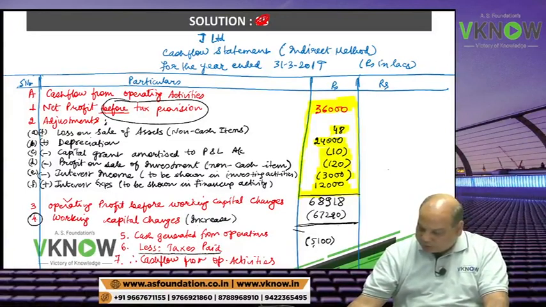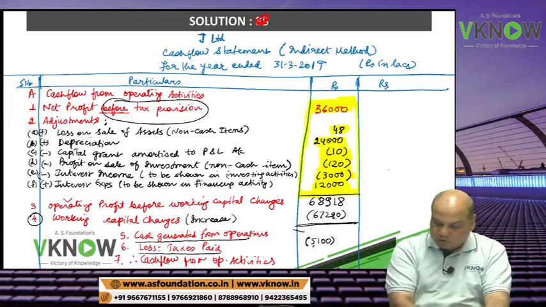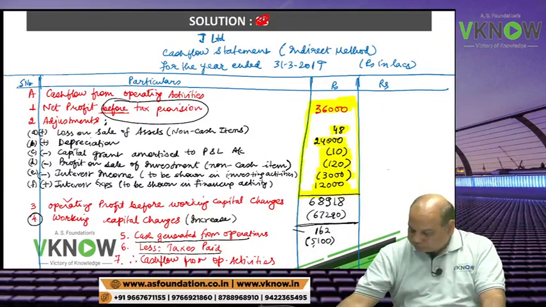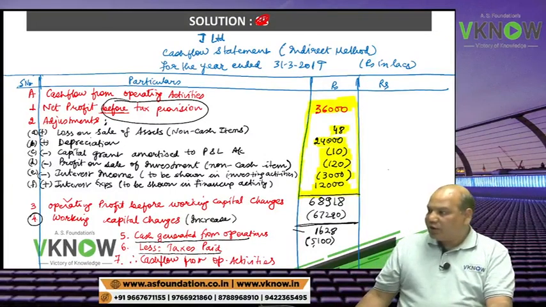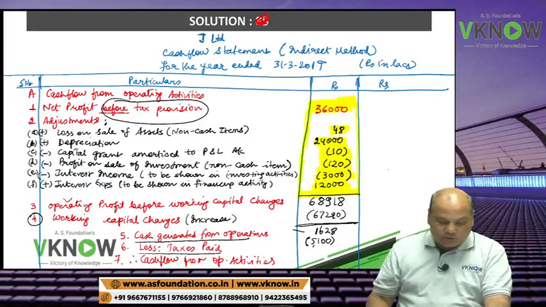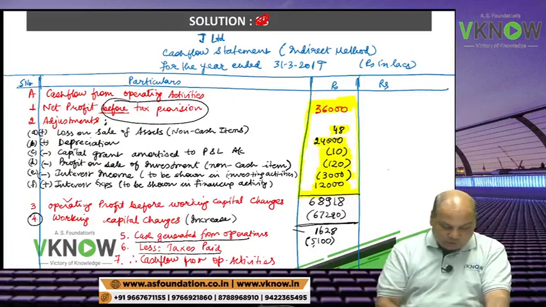Again draw one line here and write down in this heading cash generated from operation: minus 67,290, so 1,628 is the cash generated from operation. But you have paid 5,100 rupees tax also, minus 5,100.